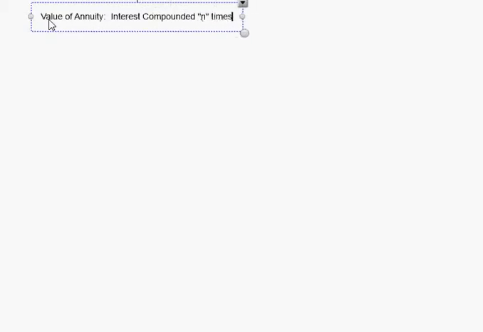Now, what if the annuity is compounded n times per year? Value of annuity, interest compounded n times per year.